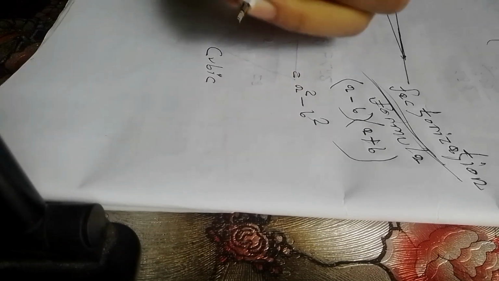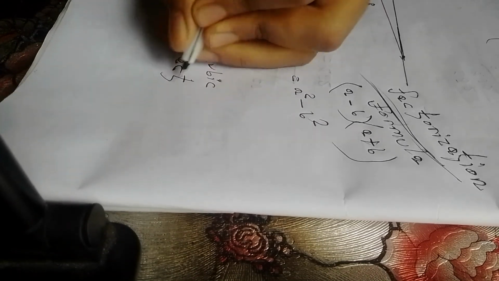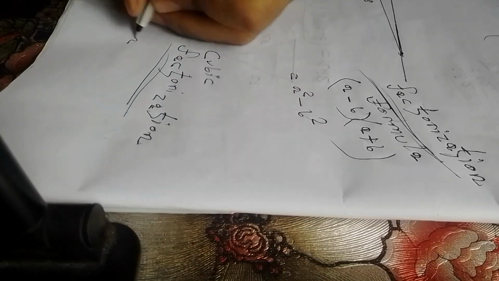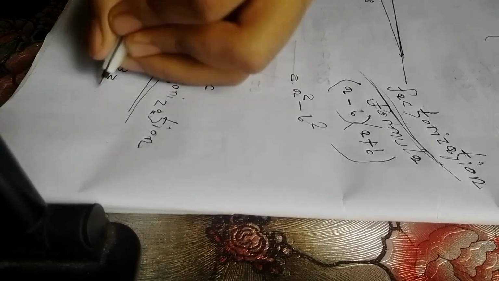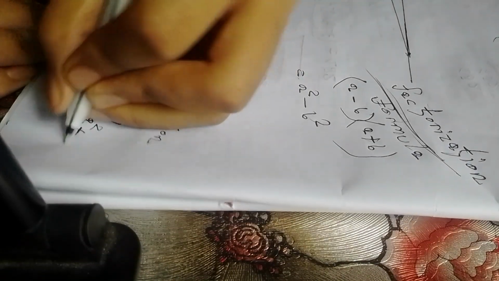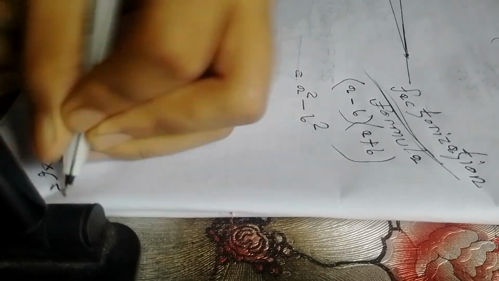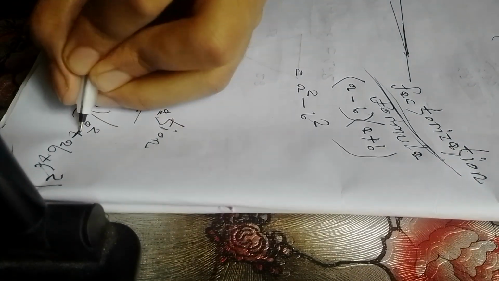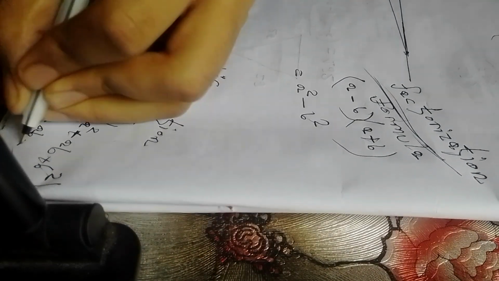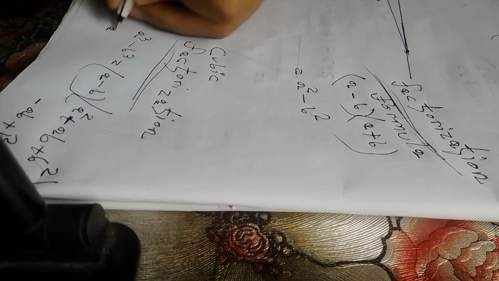Okay, and then the other part is the cubic factorization formula, which you already know: a cube minus b cube equals a minus b into a square. Sorry. Now you have seen that I was almost about to put a minus here. When there is a minus, you should always remember that it's actually the formula for a cube plus b cube.